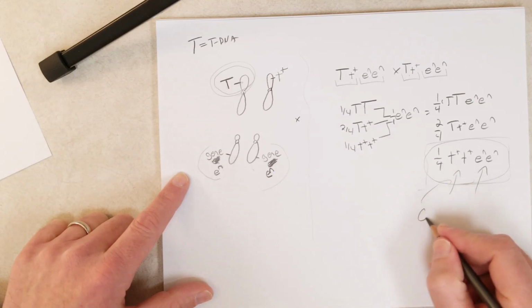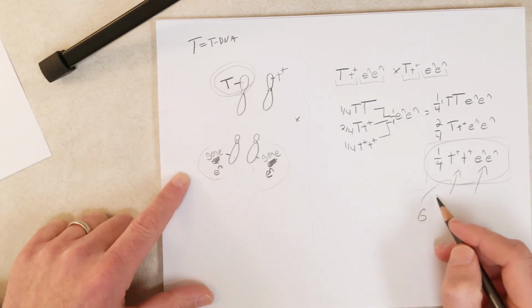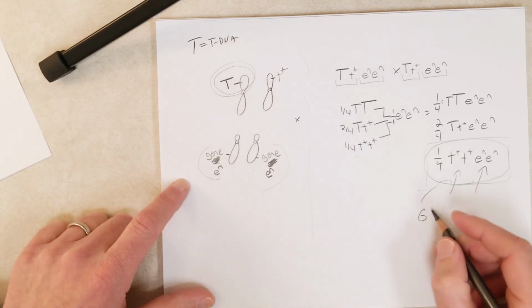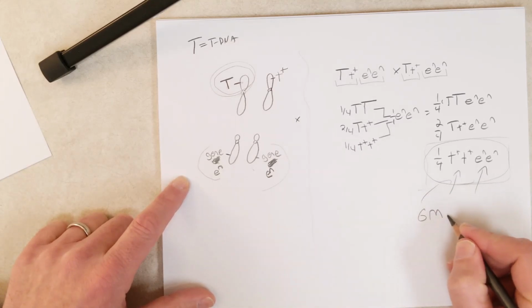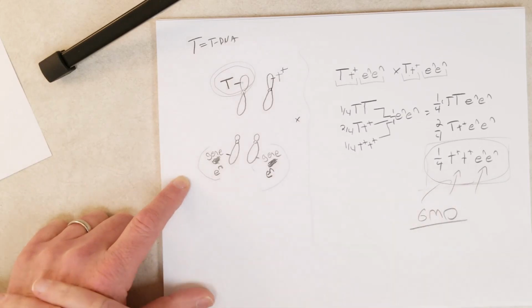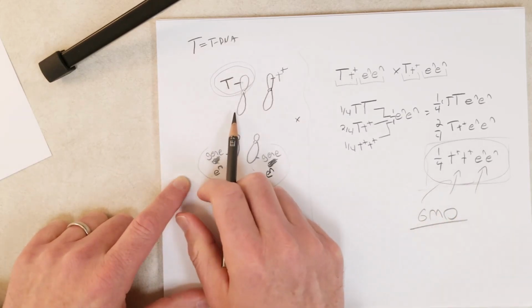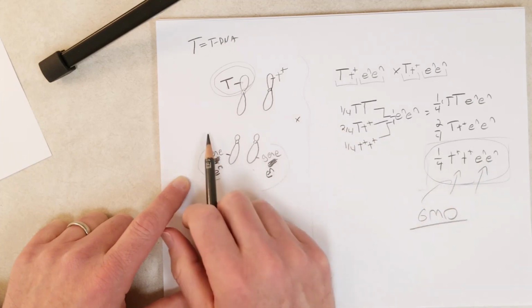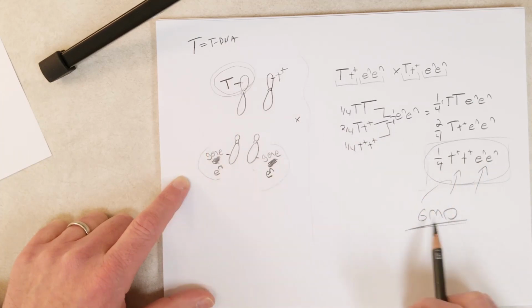It doesn't count, according to current U.S. Department of Agriculture and FDA rules, as a genetically modified organism. Even though we used genetic engineering to get to this point, it doesn't count as a GMO.